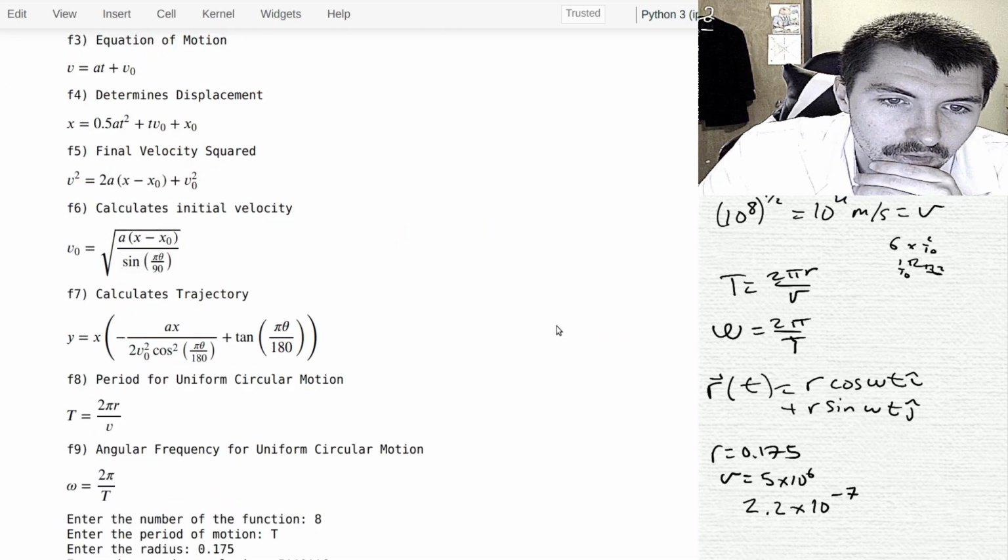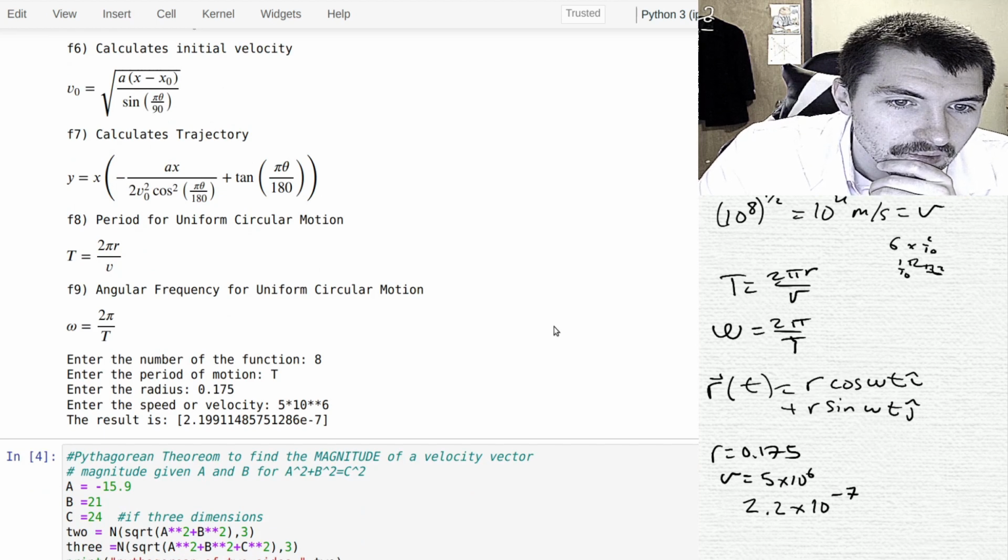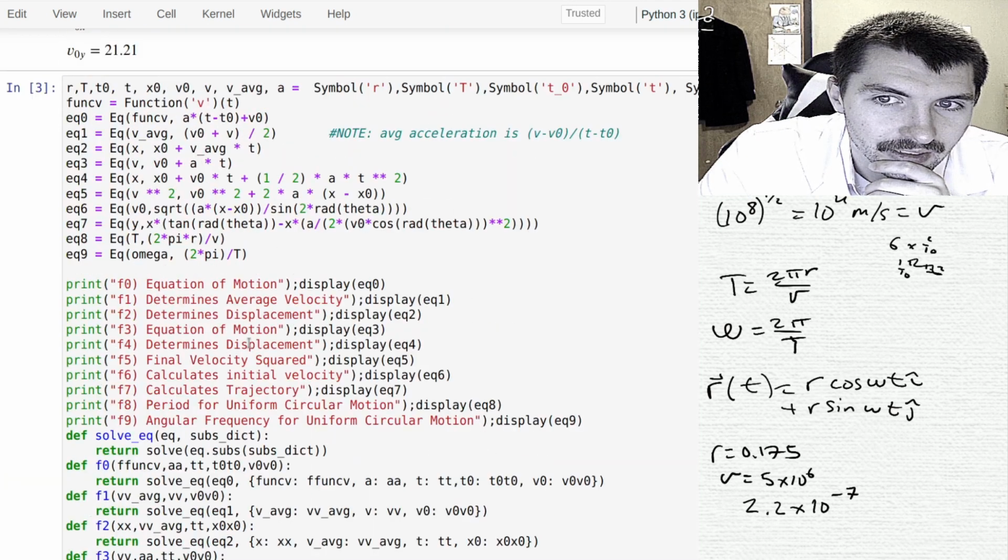Do I even need to do that? Maybe I can just plug it in. Okay, if t is that.